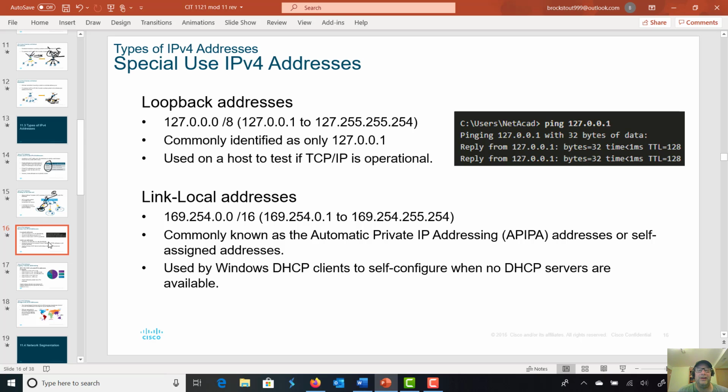Other link local addresses, you see an address here that starts out with 169.254. Now, those addresses are what are called APIPA addresses, and there's a lot of explaining for me to do about what that means.